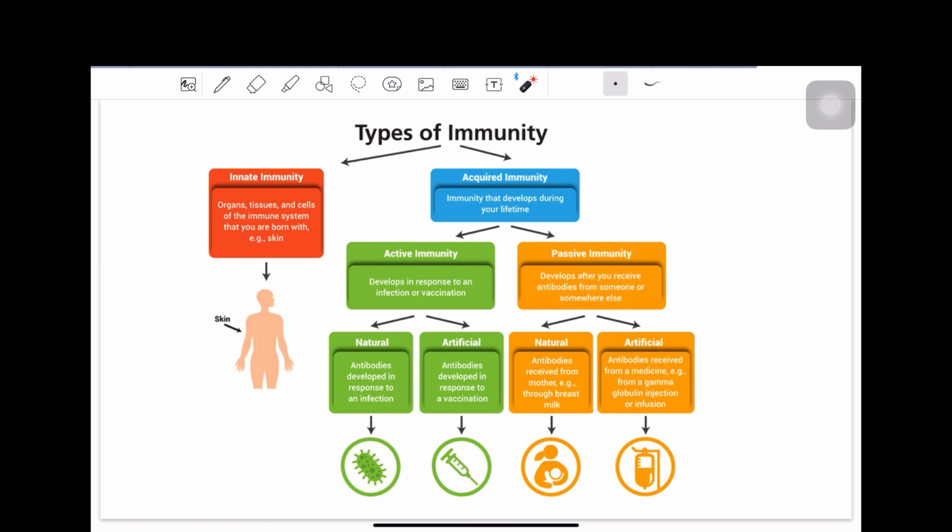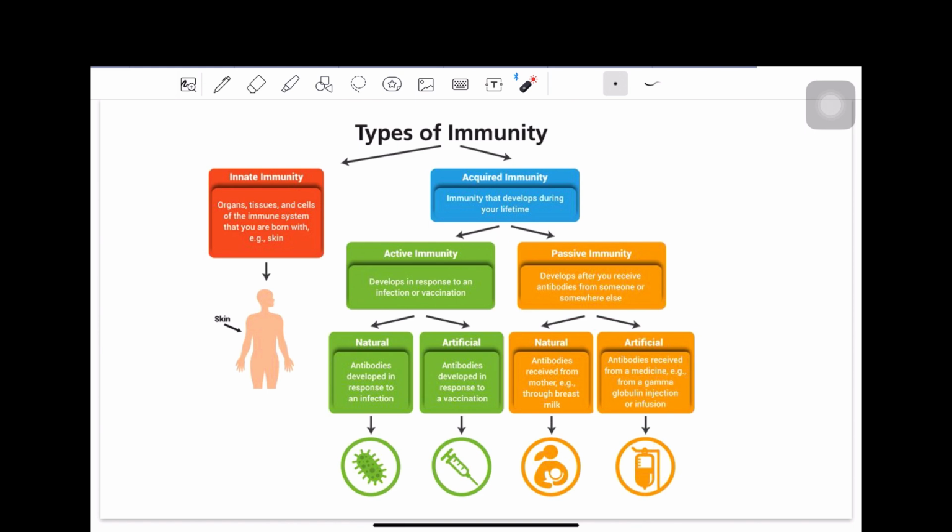Coming to the artificial immunity, active artificial immunity. This is the type of immunity which is developed in response to a vaccination. We know that in case of a vaccination, we are injected with an inactivated or killed strain of a virus, which does not cause the disease in our body, but due to the injection, our body can recognize the epitopes on the virus, and then produce antibodies in response to that.